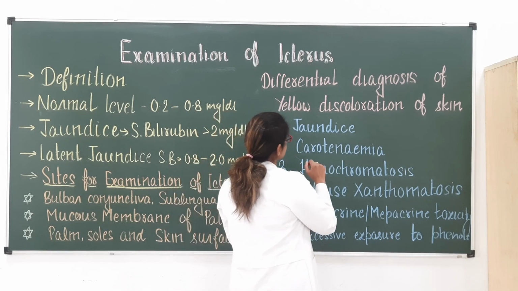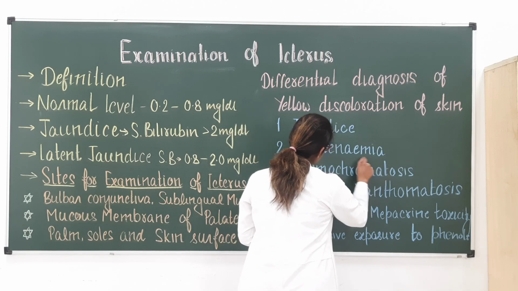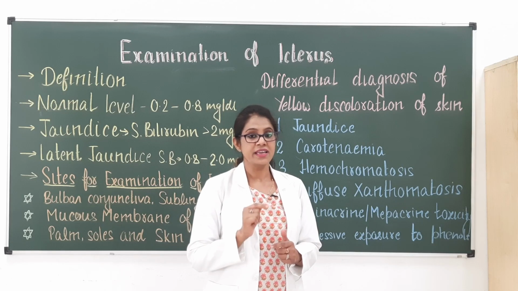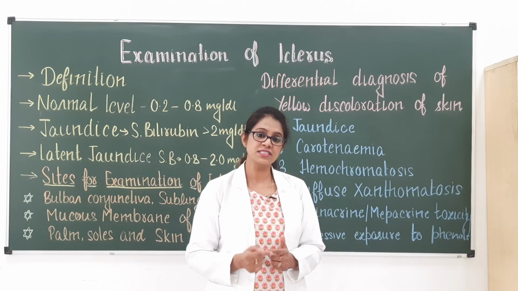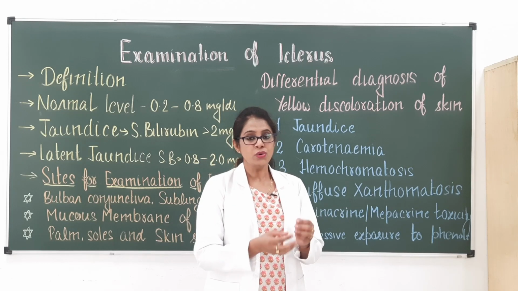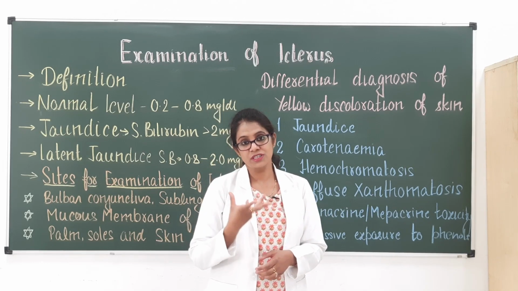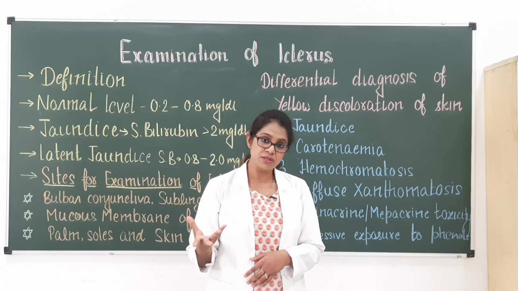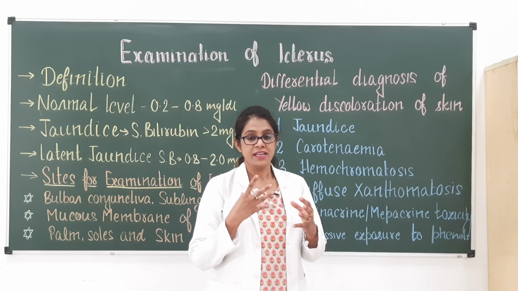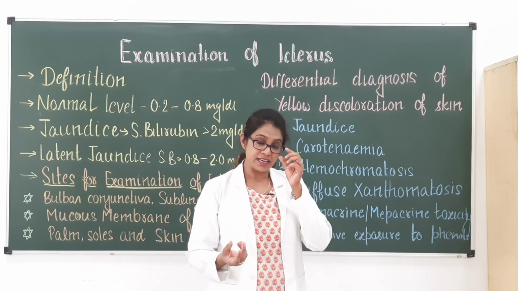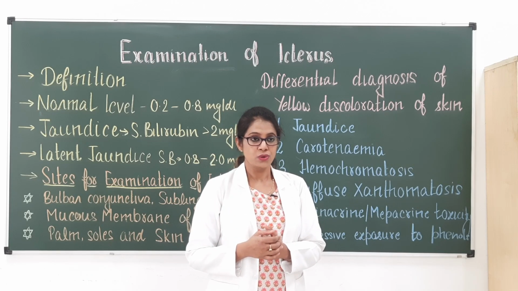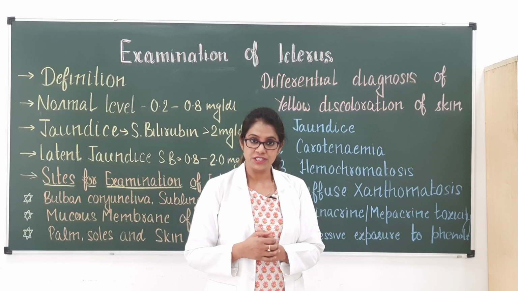The other cause of yellow discoloration is carotenemia, or hypercarotenemia, or carotenoderma. This occurs in normal individuals who take an excessive amount of fruits and vegetables like carrot, tomato and oranges, and their skin becomes a little yellowish.